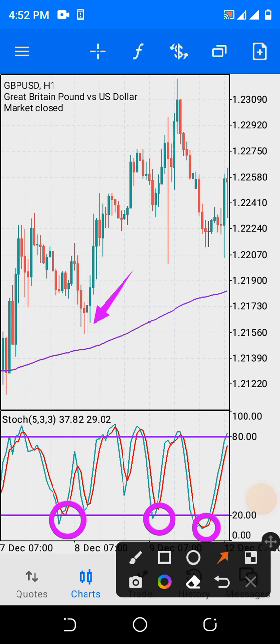In a situation whereby the stochastic oscillator is oversold, that is below the 20 mark, and the candlesticks are far away from the moving average, that is a wrong signal. Do you understand?